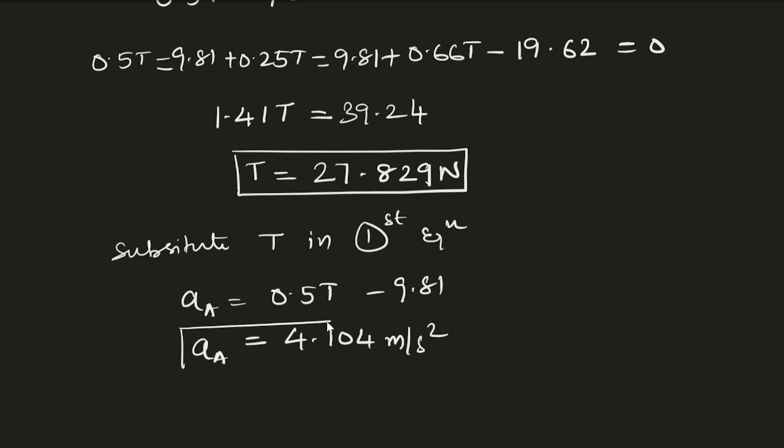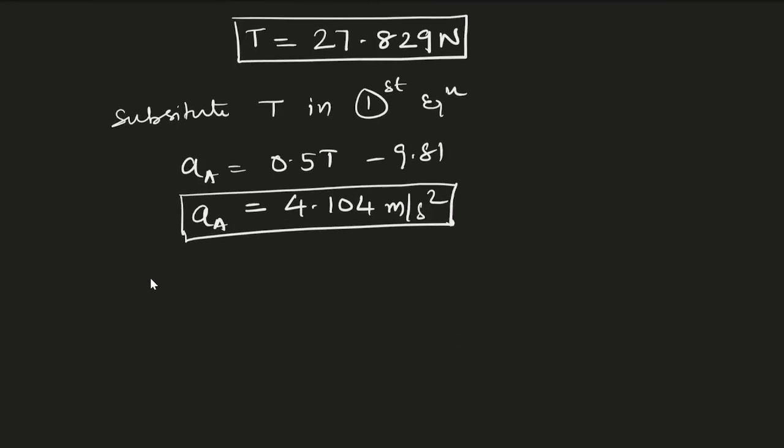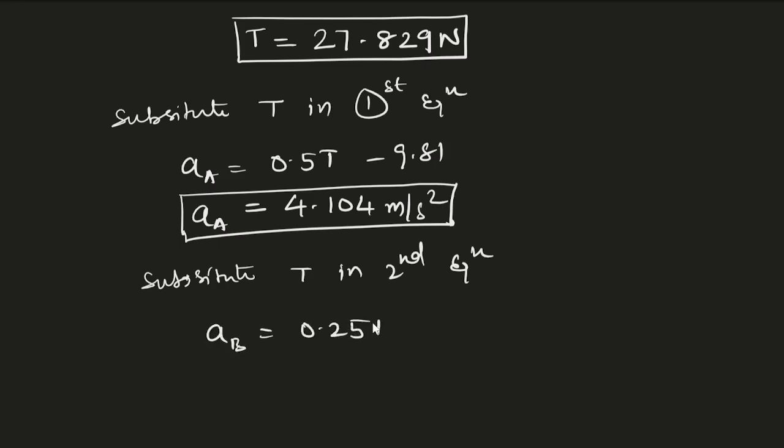So this is a positive value. Now again substitute T in the second equation. The second equation: a_B equals 0.25T minus 9.81.